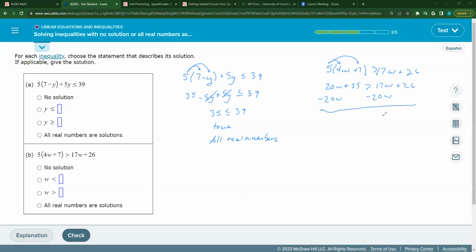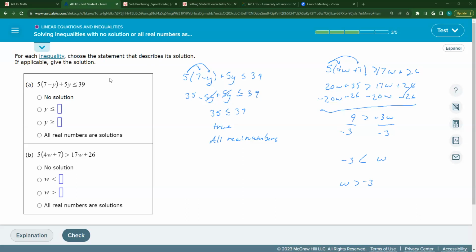Get the w's together, so I have negative 3w, same symbol right now. I want to get rid of the stuff on the side with that 3w, so I'm going to subtract 26. Minus 26, they cancel out, and I have 9 over here. Divide both sides by negative 3. The moment that I'm multiplying or dividing both sides by a negative, I change my inequality around. So I have w and negative 3. So w is greater than negative 3, or negative 3 is less than w. This would be written w is greater than negative 3. And we can type the answer in.